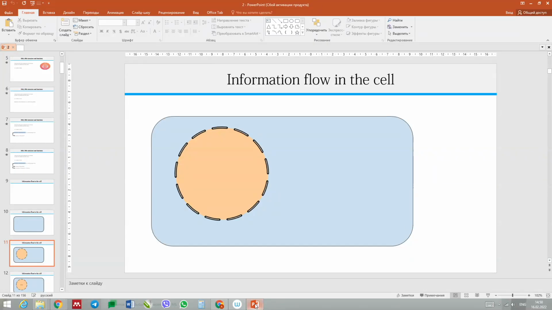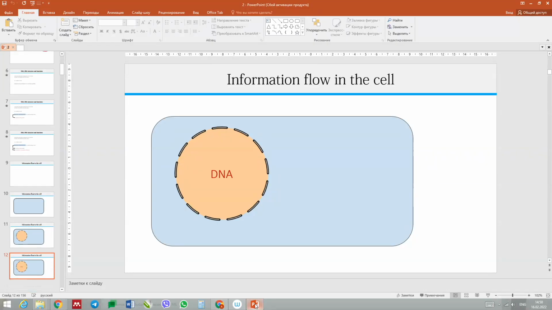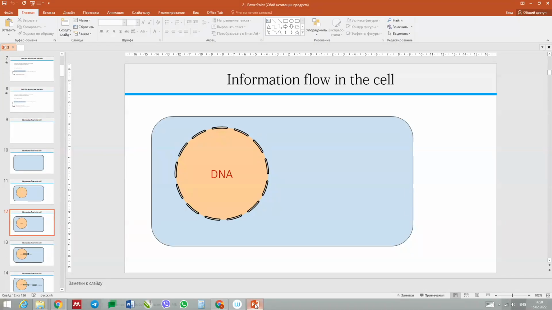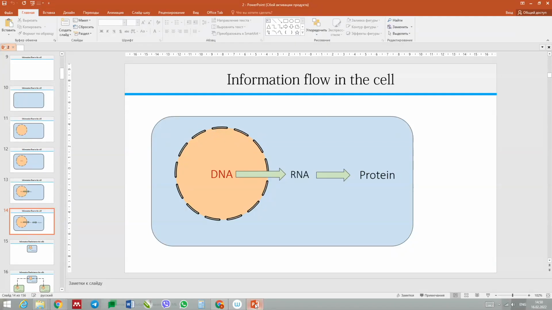That's why this line here is not continuous, but has some holes inside. So the nucleus contains DNA. And then information is transferred from DNA that is located in the nucleus into the cytoplasm. And for this transfer of information, RNA is used. And then RNA is used as an information source in order to build a protein.